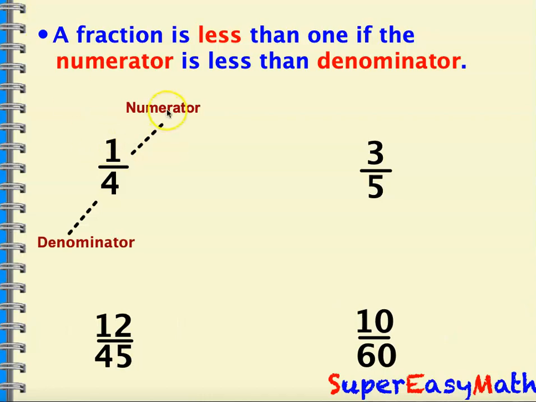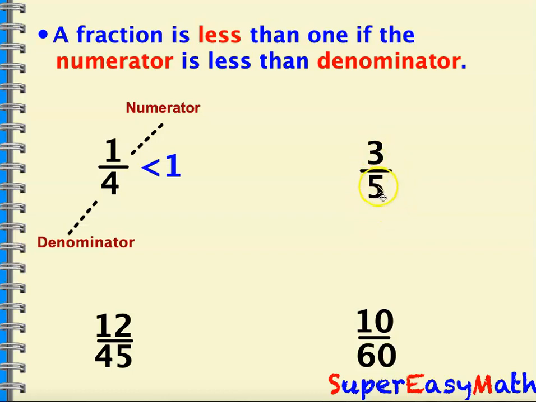We know that the top number of the fraction is called the numerator and the bottom number is called the denominator. So a fraction is less than 1 if the numerator is less than the denominator. So here we have 1 is smaller than 4, then this fraction is smaller than 1. So when the numerator is less than the denominator, the whole fraction is smaller than 1.